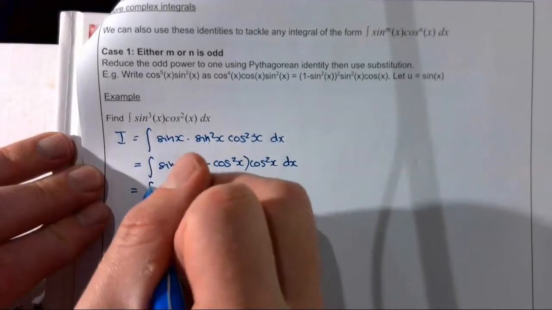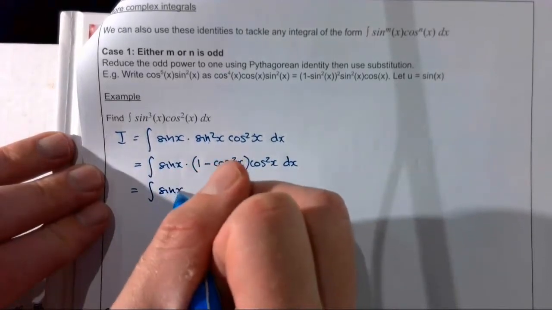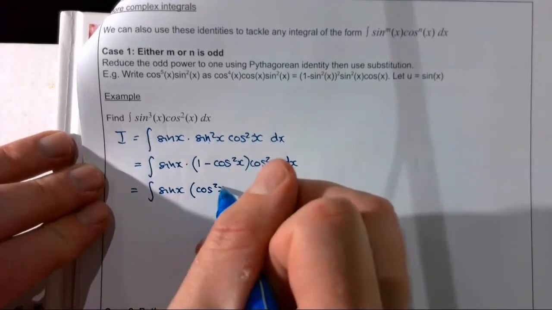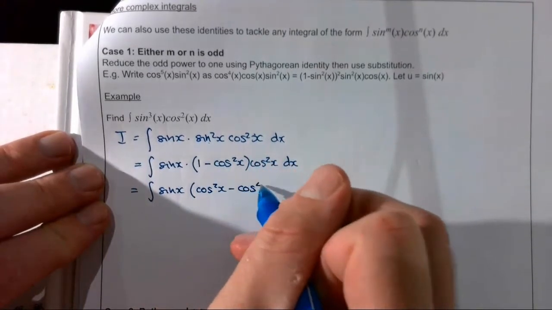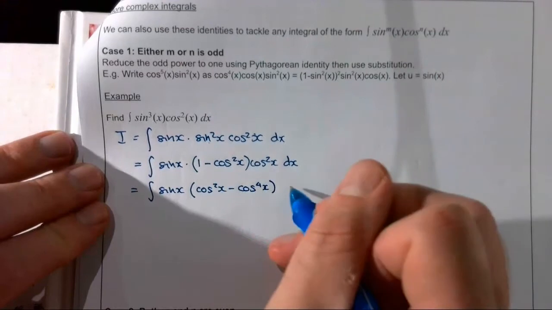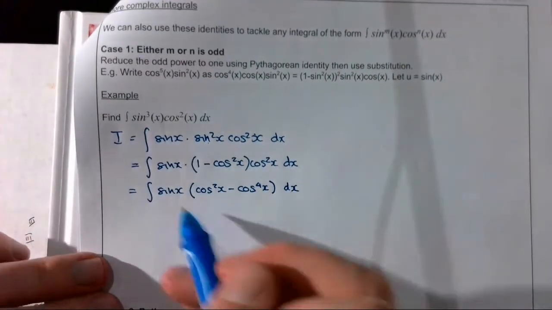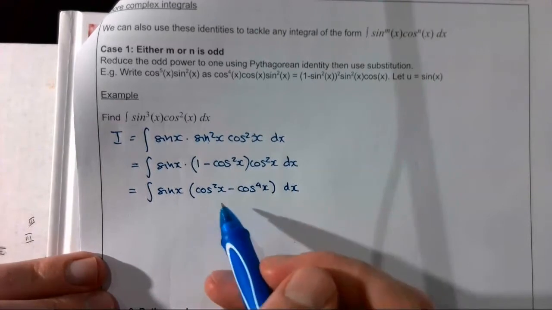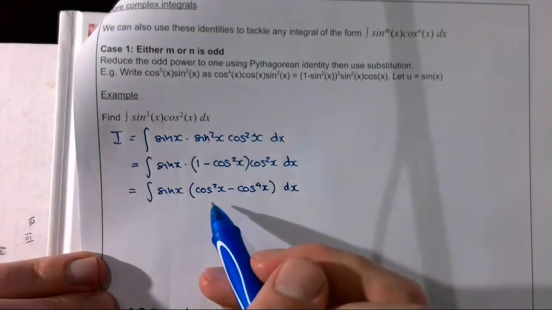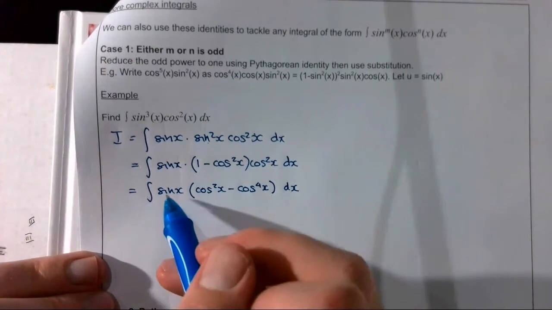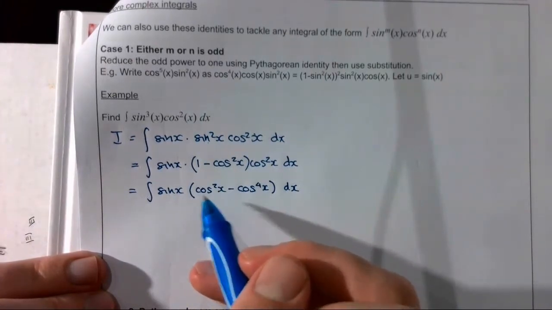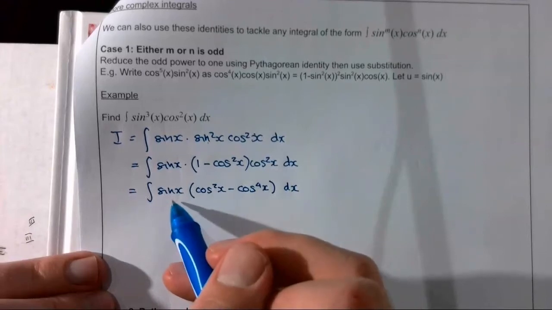And then just to write this again, now I've got sine x times cos squared x minus cos to the power of 4 x dx. Now, this form is where we can start to make a breakthrough, because using our form for substitution, we have a function of cos times the derivative of cos.